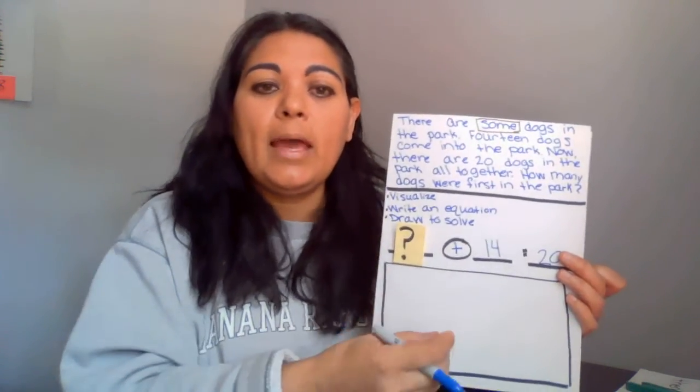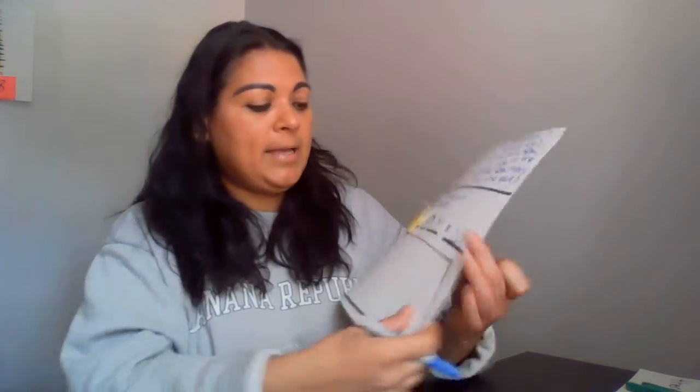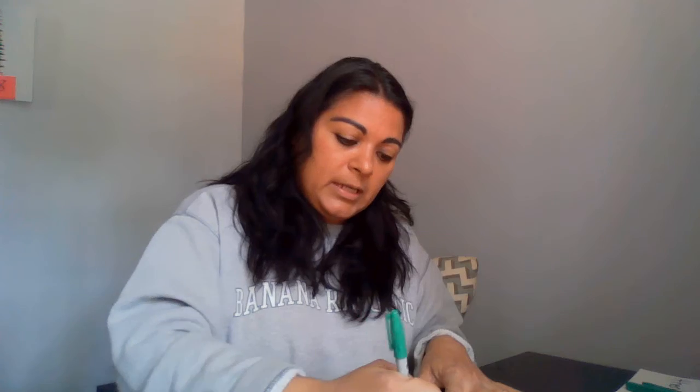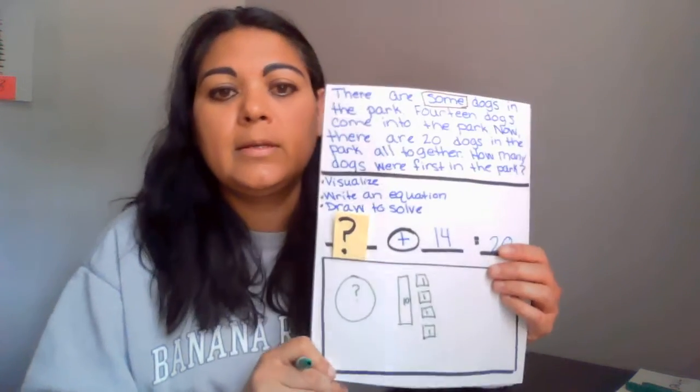Okay, so let's go ahead and represent this with our base 10. In this first group, I don't know how many there were, right? So as a matter of fact, I'm going to go ahead and write a circle with a question mark in there. What I do know is 14 more came in. So I'm going to represent 14 with a rod and 4 units.